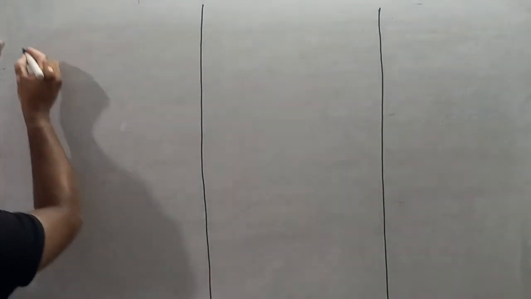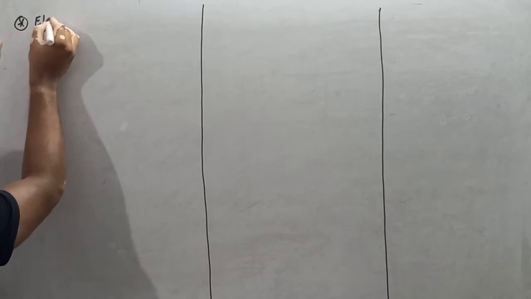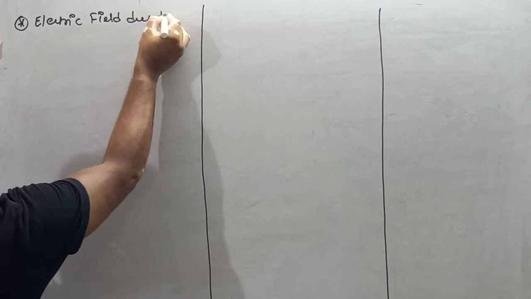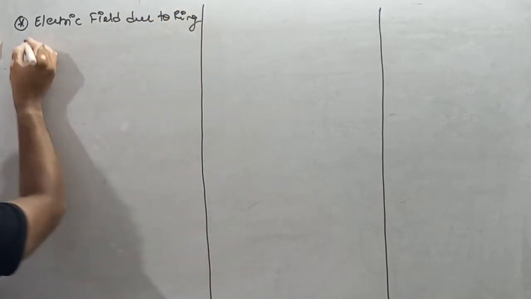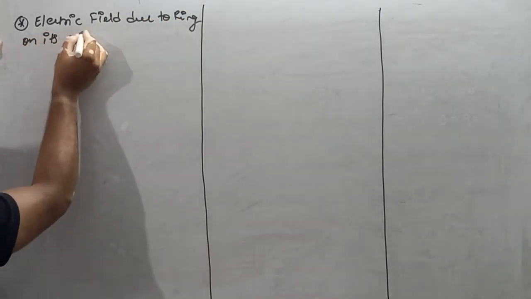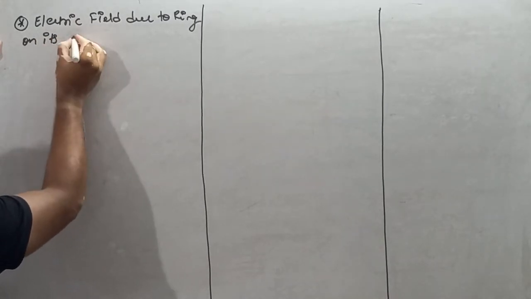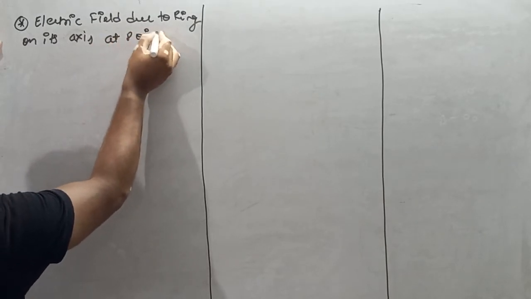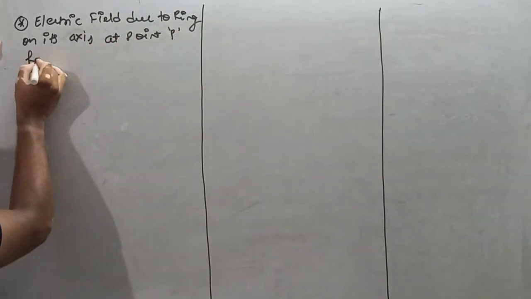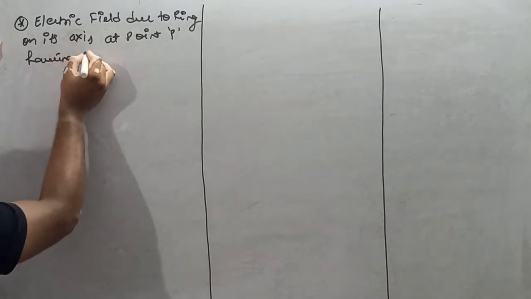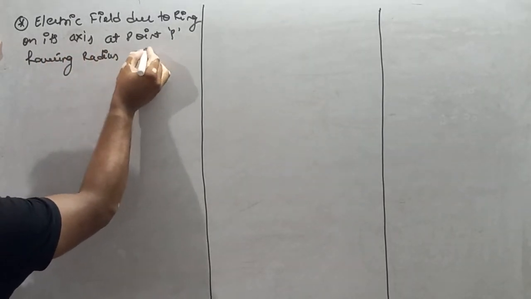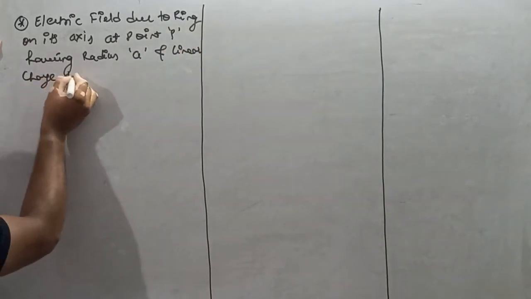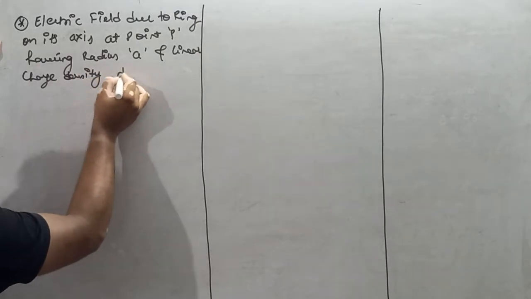Electric field due to ring on its axis at point P, having radius a and linear charge density lambda.